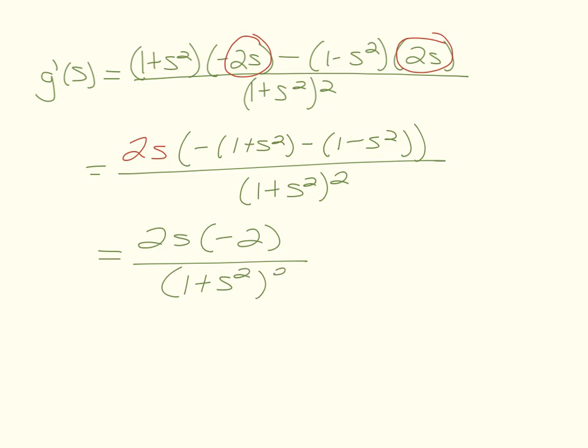The denominator stays the same. We can multiply these two terms in the numerator together, and we will get a final answer of negative 4s over 1 plus s squared, the quantity squared.